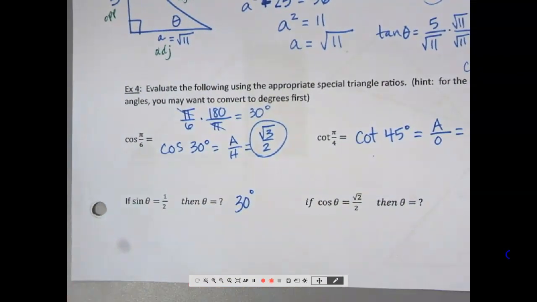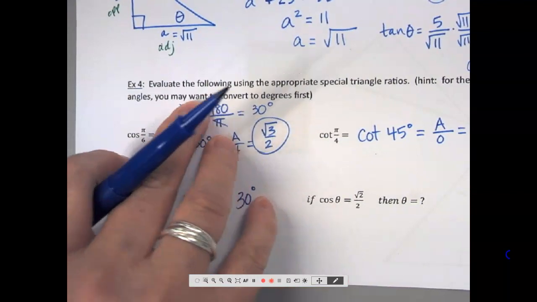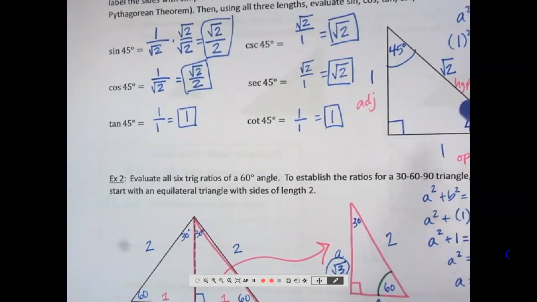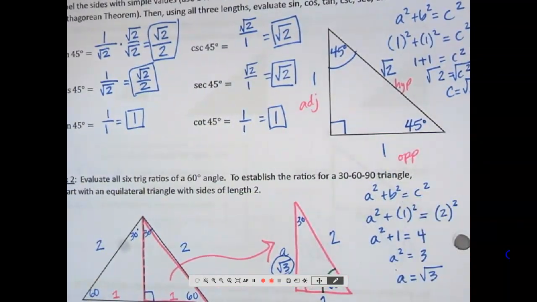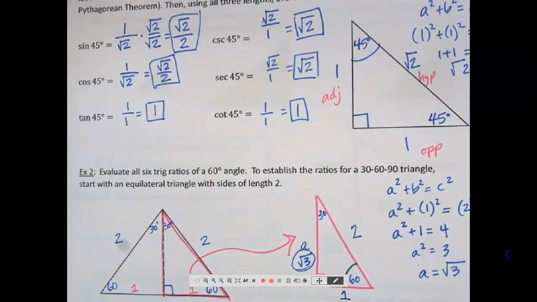Okay, I'm thinking of a new angle. And its cosine is square root of 2 over 2. What is my angle? Your hint is square root of 2. Which triangle does it probably come from? Yeah, the one that has a square root of 2 in it. So which one has cosine square root of 2 over 2?